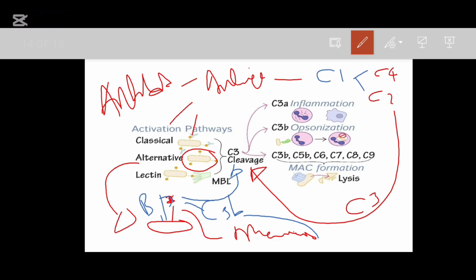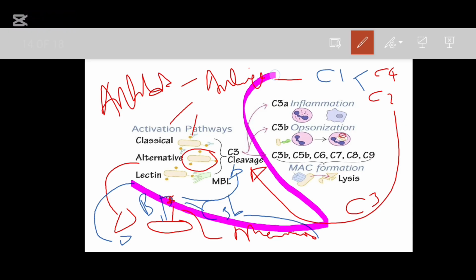Okay? And then we want to talk about the lectin. So this is a lectin, mannose binding lectin. It binds to the bacterial surface, specifically on the carbohydrates. Then what gets to be activated? It's the MASP enzyme. Once this MASP enzyme has been activated, what happens? We follow the same way the classical was activated.